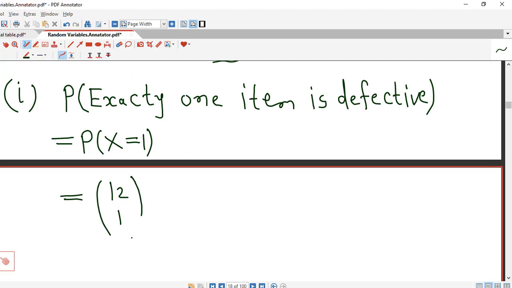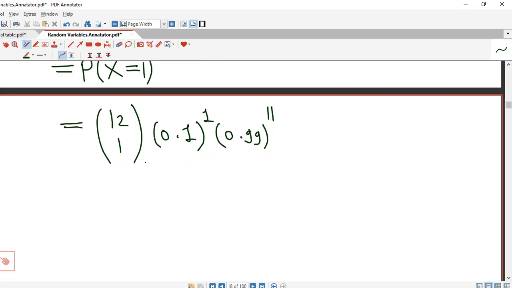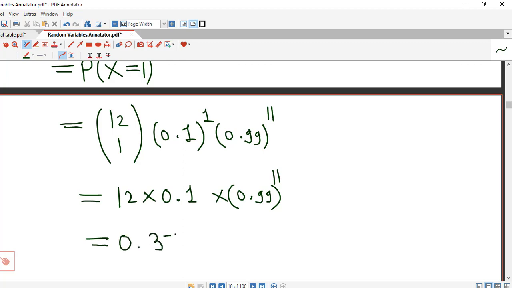12c1, 0.1 to the power x, which is 1, and 0.9 to the power 12 minus 1, which is 11. Now 12c1 is 12, this is 0.1 times 0.9 to the power 11, and if you calculate this, it is going to be 0.37657 up to 5 decimal places.